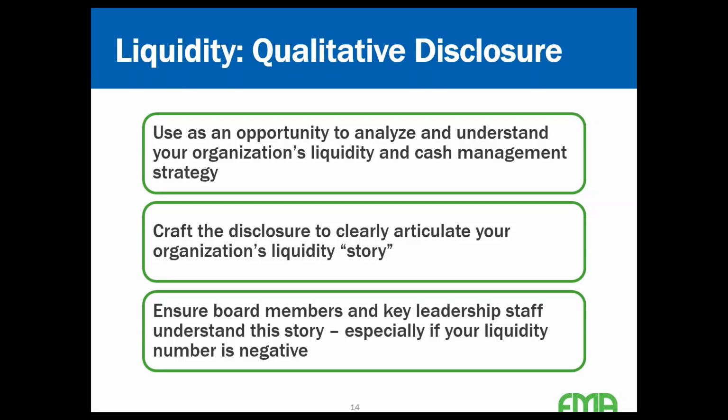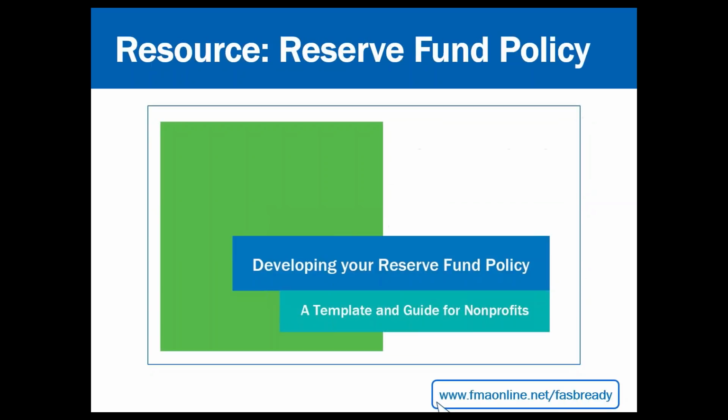Okay. If we click one more time, we're going to see here is one of the bonus resources I had mentioned earlier that we also have on the FMA FASB Ready page, a free reserve fund policy toolkit of sorts.